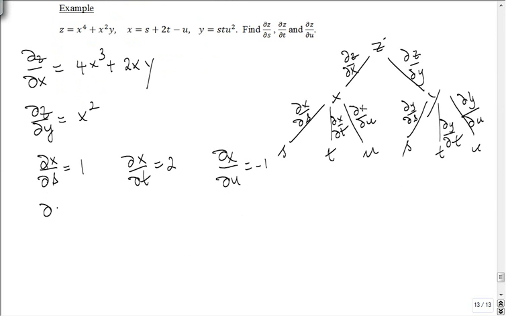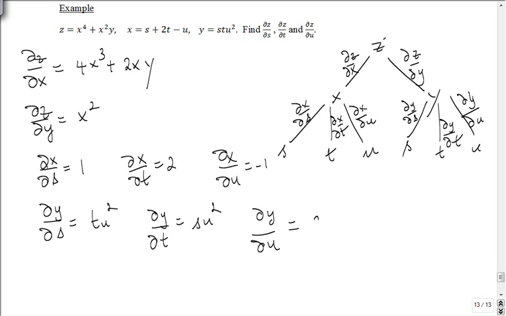Partial y with respect to s, please. tu squared. Partial y with respect to t, please. Su squared. Partial y with respect to u, please. 2stu.